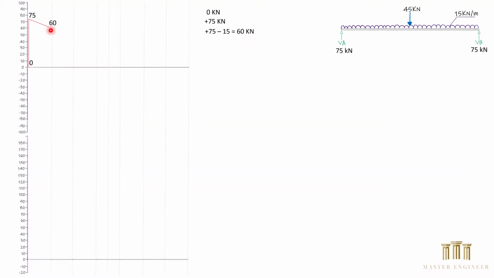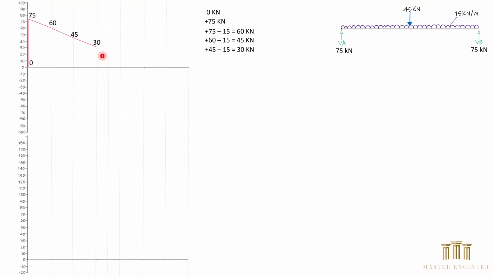Another straight line to 60. Then the next point is 45 kilonewton, which is 60 minus 15 kilonewton equals 45. And the next point, again, 45 minus 15 kilonewton of the UDL equals 30 kilonewton. The next point is a bit tricky.